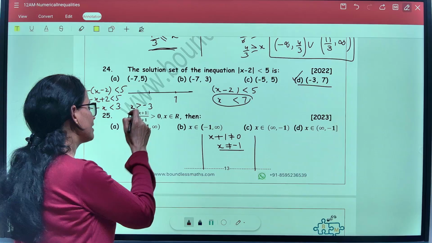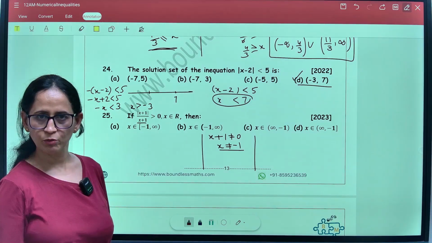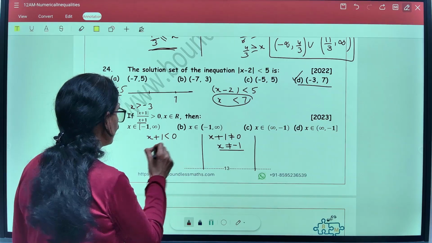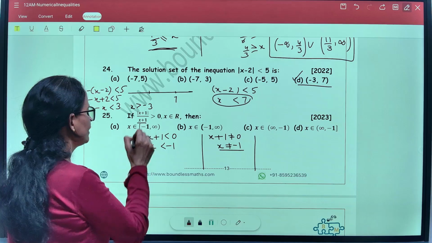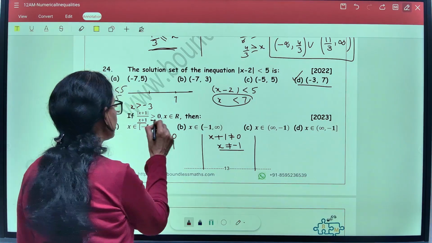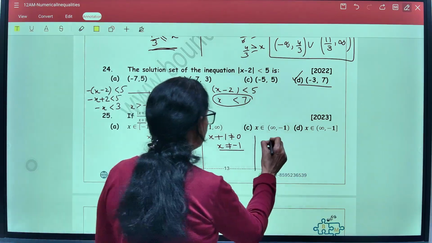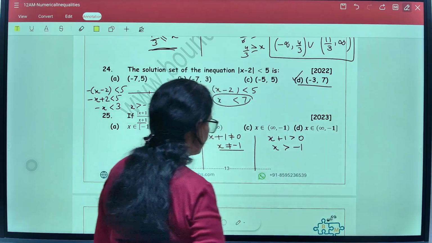Now the answer of this inequality will depend on the sign of the denominator because the numerator is always going to be positive. So if x plus 1 is less than 0, if x is less than -1, then that means this is going to give you a negative answer. But we need greater than, so this is also not a valid case. Now if x plus 1 is greater than 0, that means x is greater than -1.